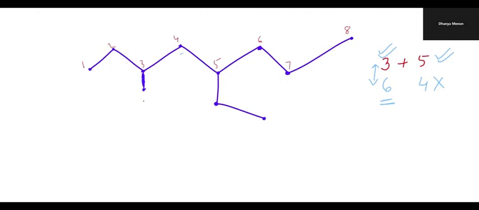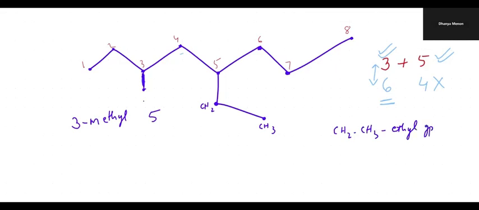At the 3rd position, there is a methyl group. And at the 5th position, there are 2 carbon atoms, so this will be CH2 and this is CH3. CH2CH3 is nothing but an ethyl group, so at the 5th position there is an ethyl group.